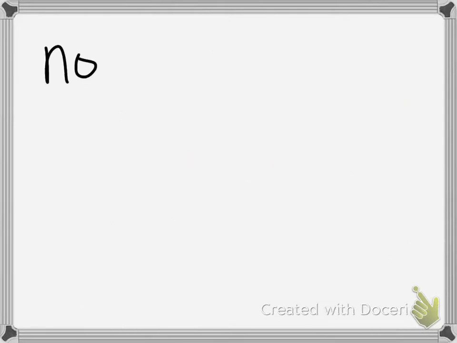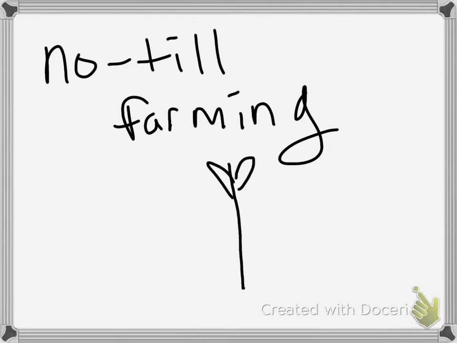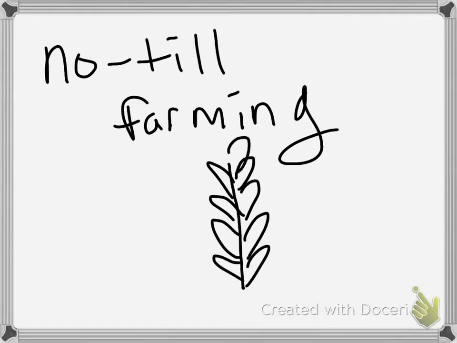There's no-till farming. No-till farming, that means you leave the old stalks. So you had a plant, right? This is supposed to be corn. It doesn't look like corn. Forgive me. And then it withers and dies, right? It's no longer green. But instead of cutting it down, digging it out, you actually just leave the old stalk and then you plant new plants.